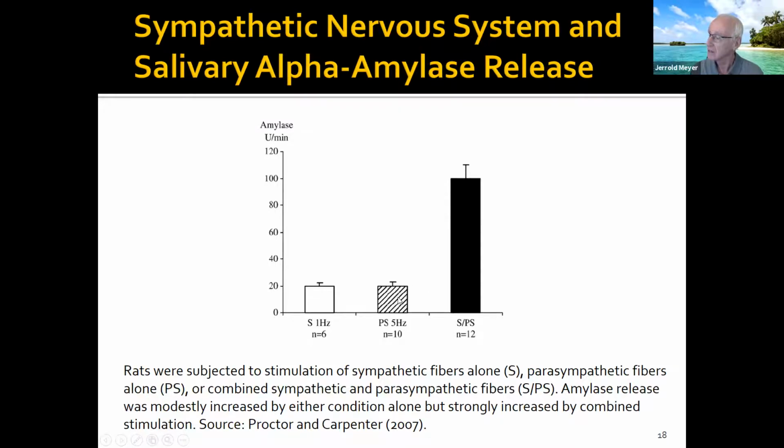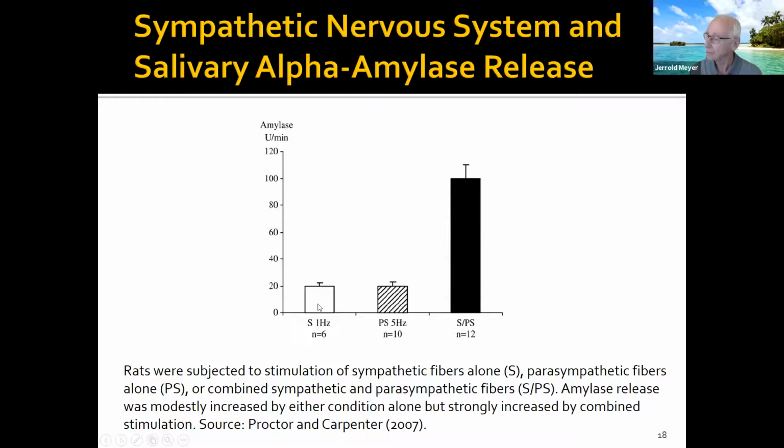You need this going on to some extent to get a full-blown response, but the sympathetic is the driver. They purposely look at nerve stimulation. They were stimulating the sympathetic fibers at 1 hertz, that is 1 electrical stimulus per second, whereas the parasympathetic fibers were being stimulated at 5 hertz, 5 stimuli per second.